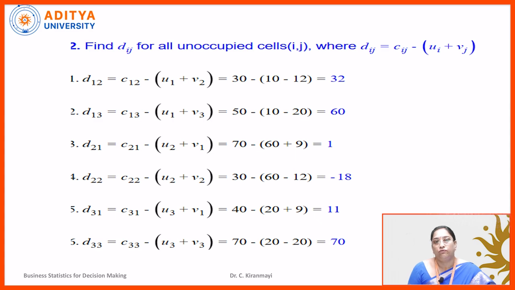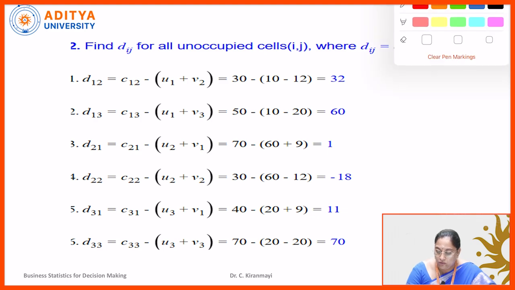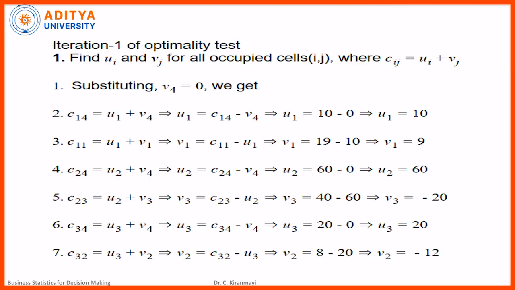In order to compute these Dij values, we want Ui and Vj values. And how can we find out these Ui, Vj values? Using this formula, Cij is equal to Ui plus Vj, we can compute the Ui and Vj values which are required to compute net evaluations, that is Dij.